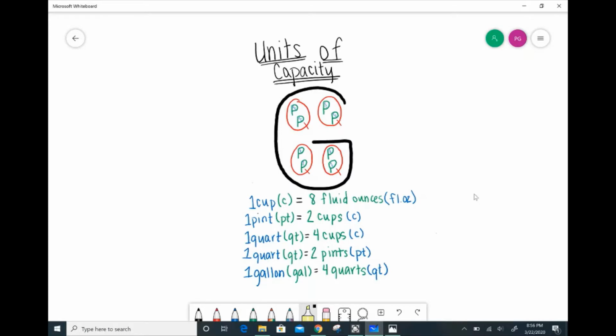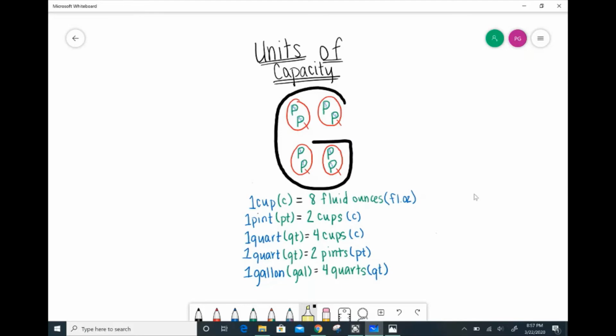Now, the way that we put it up here in our gallon, 1 cup, boys and girls, is 8 fluid ounces. Each pint, those are the P's, is made up of 2 cups. That's why each P has 2 C's in them. That means that each pint is equal to 2 cups.